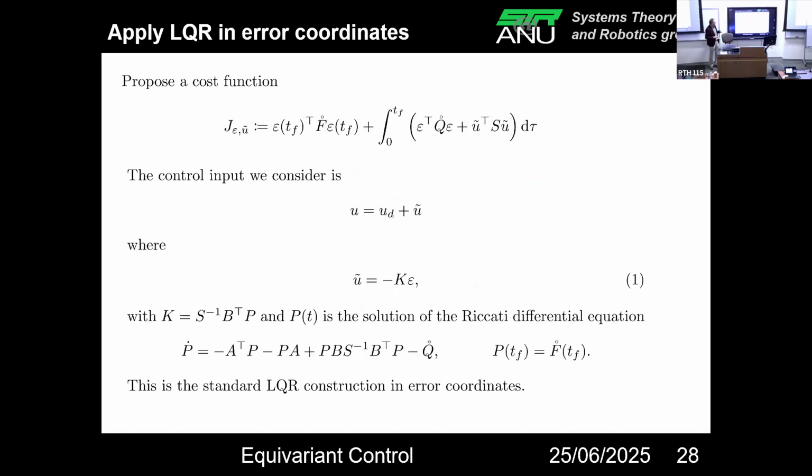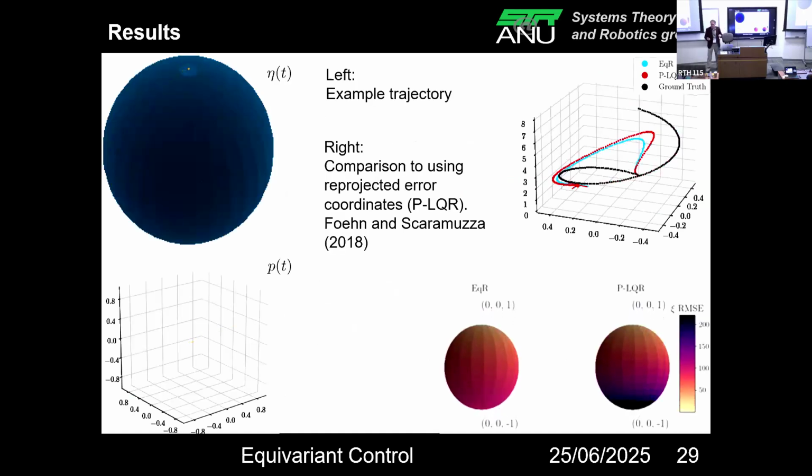And if you want to do the LQR, then you propose a cost function. You've got the linear model underlying the error, so you can run your Riccati equation. You can pull out the adaptation term U tilde, and you can feed that back up into the controller, and you get something that works. So once you get through all of that modeling, it's really just LQR in local coordinates. And it works quite well.